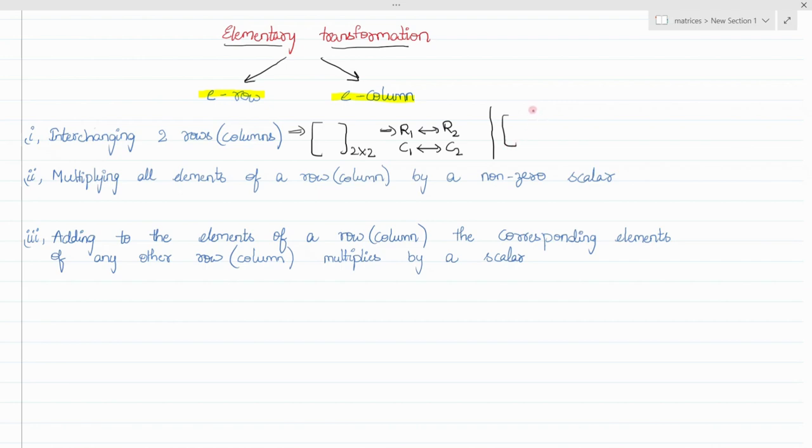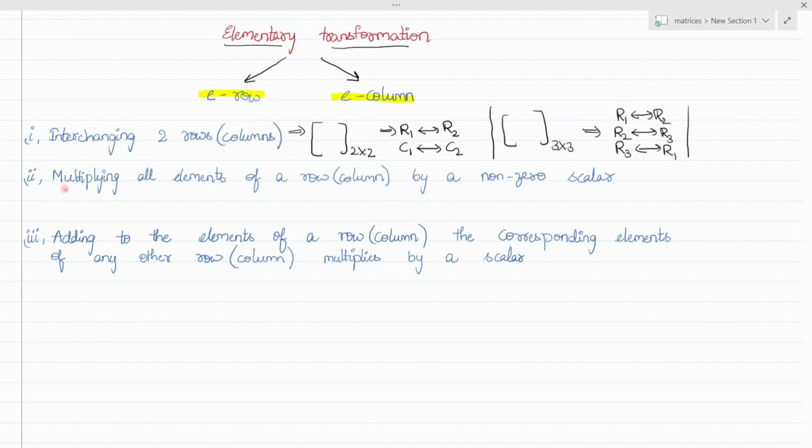And for a 3 cross 3 matrix, we can write it as row 1 can interchange with row 2, or row 2 can interchange with row 3, and also row 3 can interchange with row 1. Similarly, it goes with the columns also.